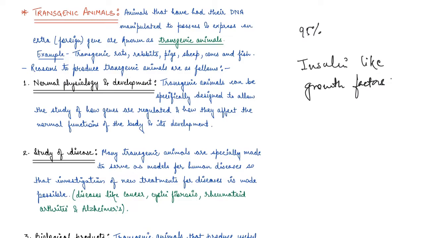That is one. Then we also use transgenic animals in the study of diseases. Remember, we have many transgenic animals which are specifically designed to increase our understanding of how genes contribute to the development of a disease, right?